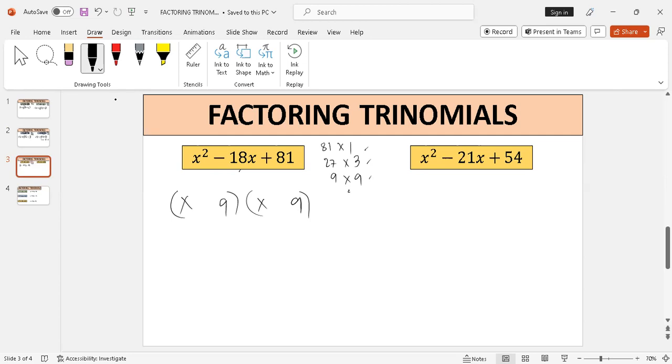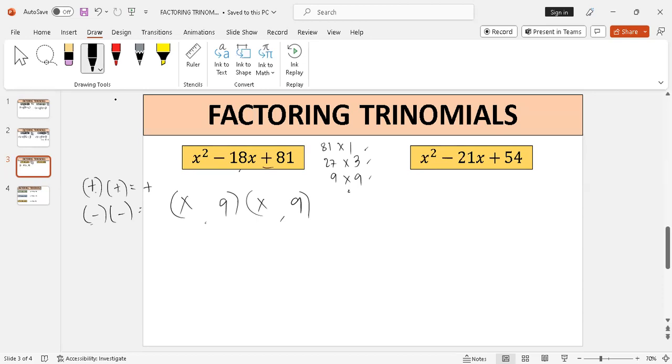Ano kaya yung magiging symbols ng factors? Consider the symbol of the last term of the trinomial. It's positive. So, pwedeng parehas na factors ay positive. Pwede namang parehas na factors ay negative. Bakit? Kasi positive times positive is positive.